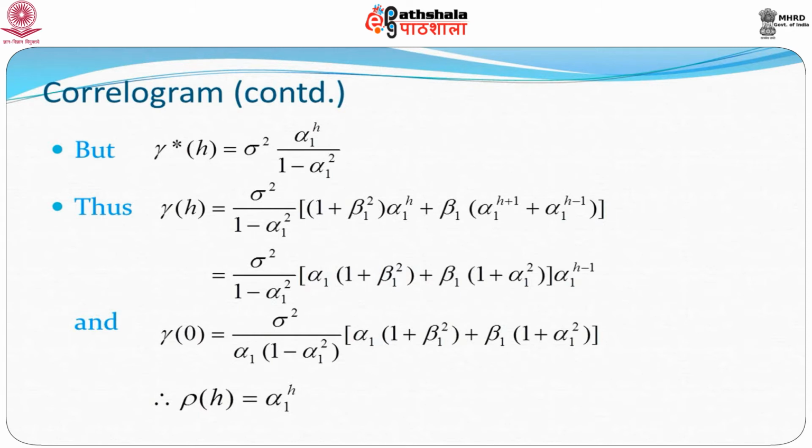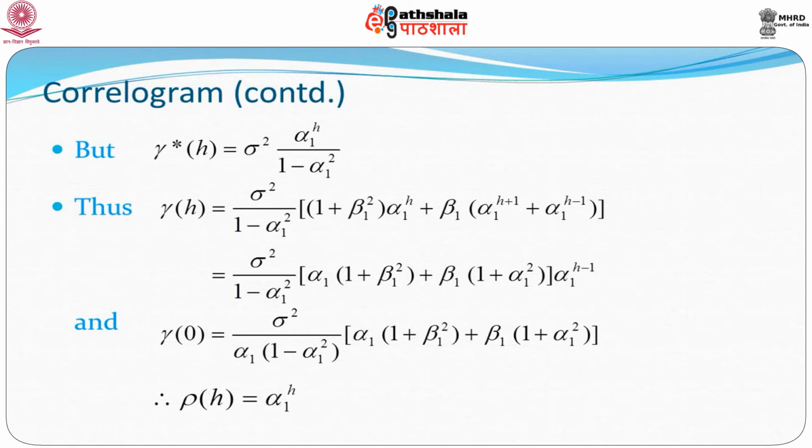Now, what is important here is that if you look at this term, the first part is basically independent of h. So, you just have the constant alpha 1 plus beta 1 into 1 plus alpha 1 into beta 1 divided by 1 plus beta 1 square plus twice alpha 1 beta 1. So, there is no h here, but in the second part you have alpha 1 to the power of h minus 1.